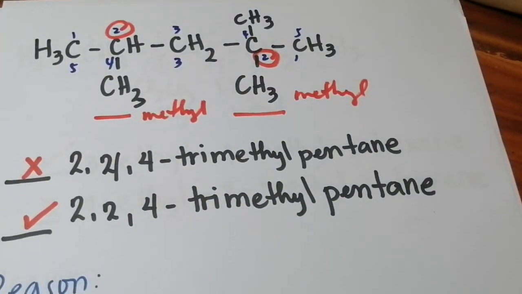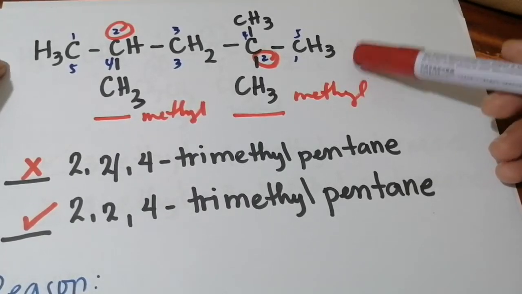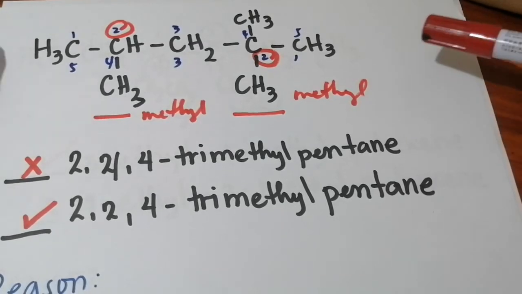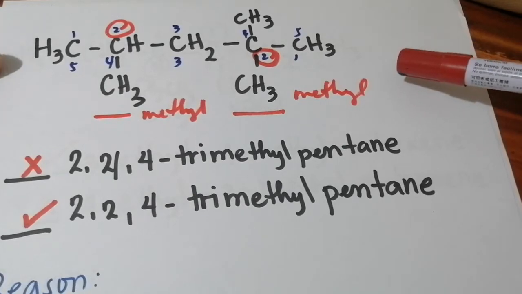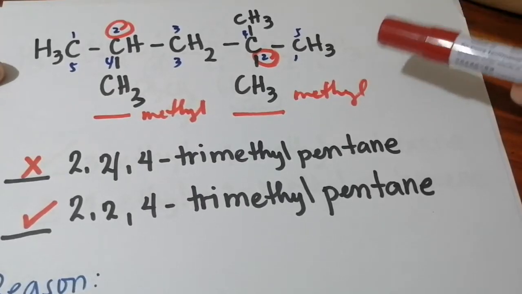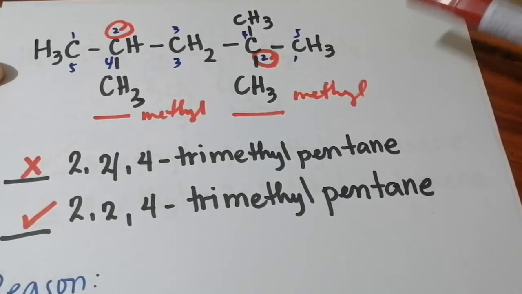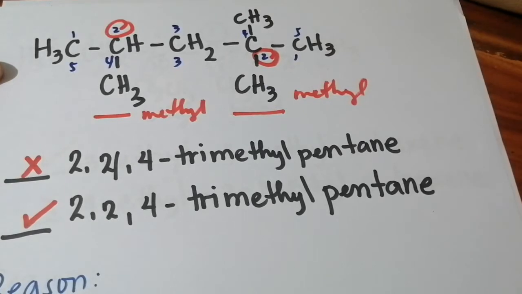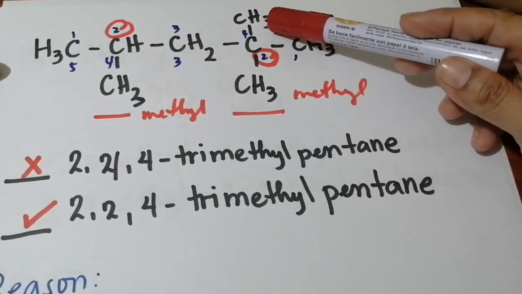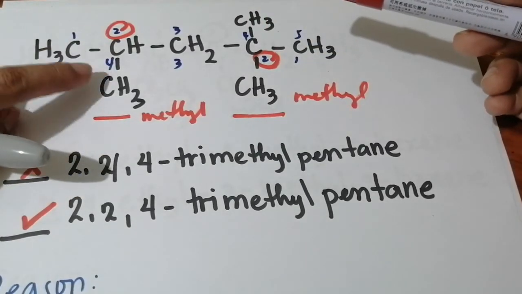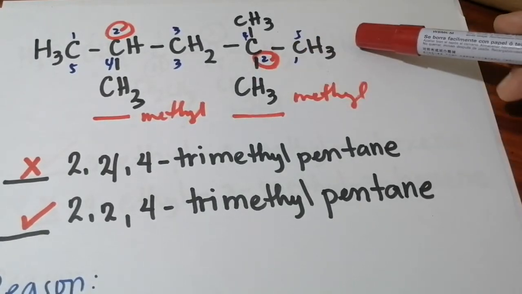So if the substituents are the same and on the same position, even if you count from both sides, the basis in naming this formula will be the carbon that has the most branching, or the most number of substituents. Since this carbon here has 2 methyls and the carbon on the other side has only 1 methyl branch, we have to start counting from this side.